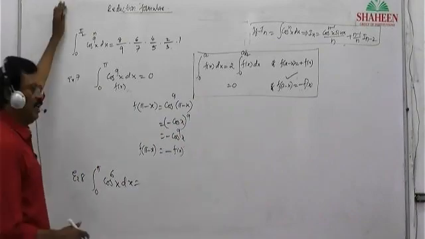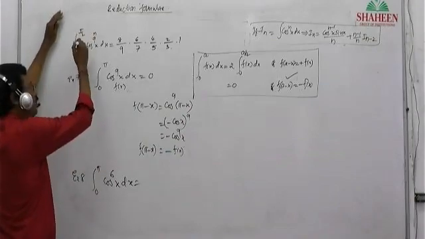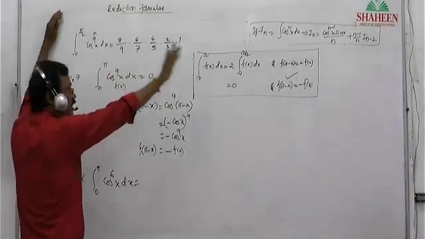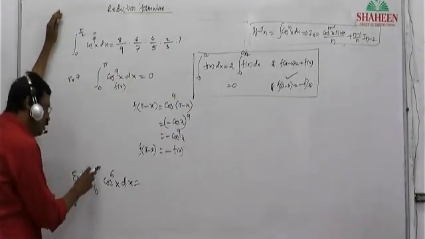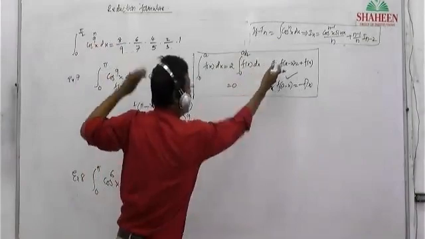Now see here, same: the limits are not from 0 to pi/2. The reduction formula works only for 0 to pi/2, but here it is 0 to pi. Change it into 0 to pi/2 by using this formula.